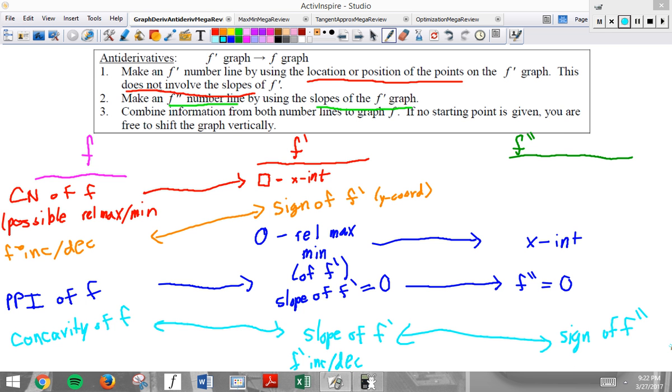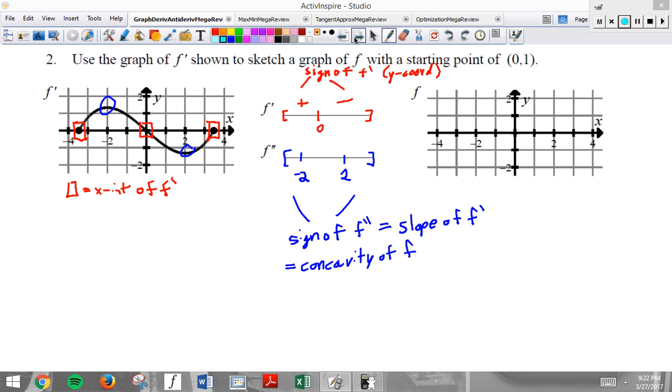Okay. F prime's increasing, then decreasing, then increasing. So putting that all together, if you want to use those guidelines, up and then down, concave up, down, concave down, then up.